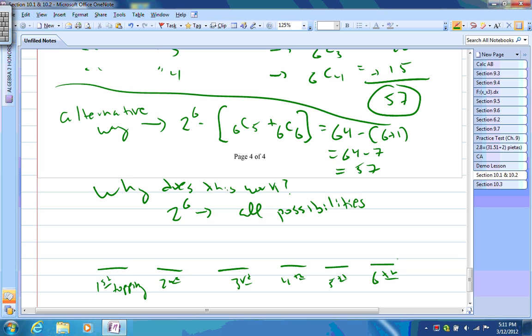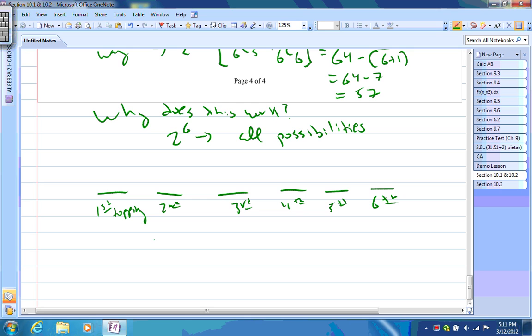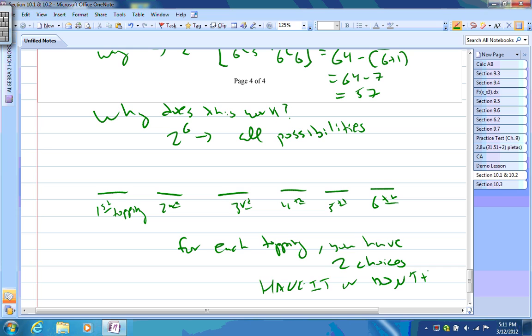It could be like bacon bits, croutons, cucumbers, artichoke hearts, I don't know. But for each topping, you have 2 choices. Have it, or don't have it. Either you want it, or you don't want it. And so that's why there's a total of 64 ways.